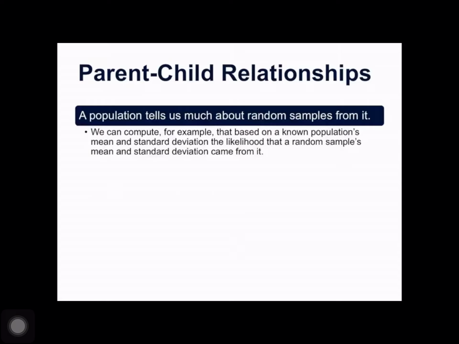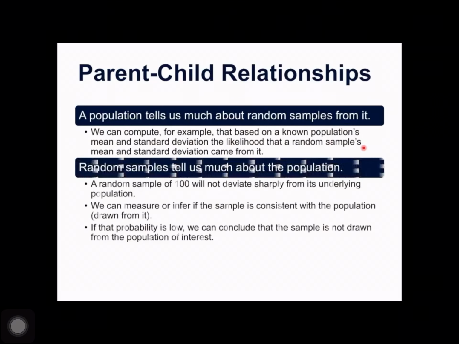So to complete this story, a population tells us a lot about the random sample that it's come from, and based on our sample, we can anticipate what the population's mean and standard deviation would be. We just demonstrated that in the simulation we just ran. We were quite confident that we were seeing the population's actual mean and approximate standard deviation based on our samples.